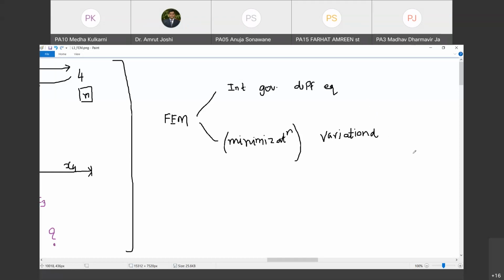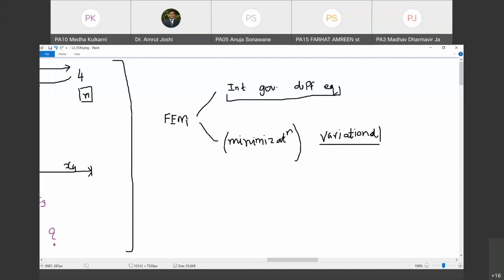Now you may have a physical problem in your hand जिसके लिए governing differential equation तो है. Are you with me? Yes, sir. But there is no corresponding minimization or maximization principle. मतलब है ही नहीं. तो आपको क्या करना पड़ेगा? You don't have other way than using direct integration method for finite element formulation.